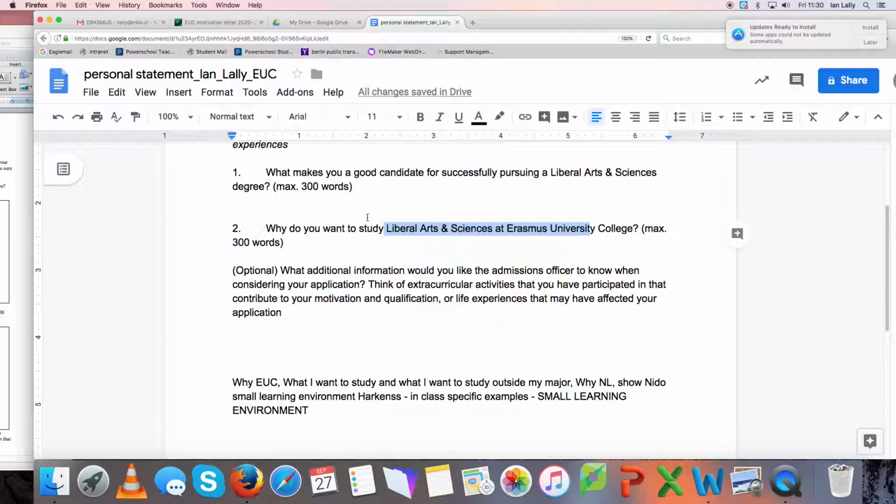That's just an example, but it's how we take these small words that they're putting in here and translate them into value statements about what you value and why, but much more about what you value and why you're going to bring that value to the EUC campus, to the Utrecht campus, etc.